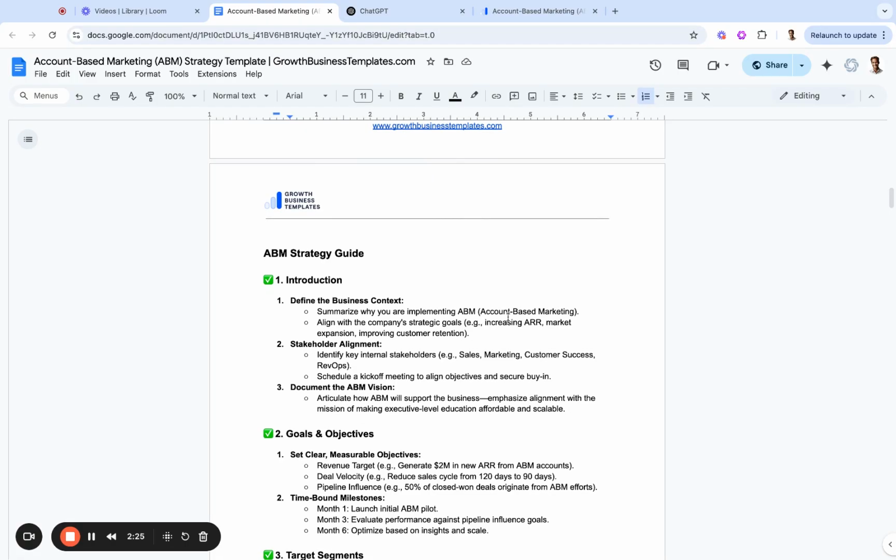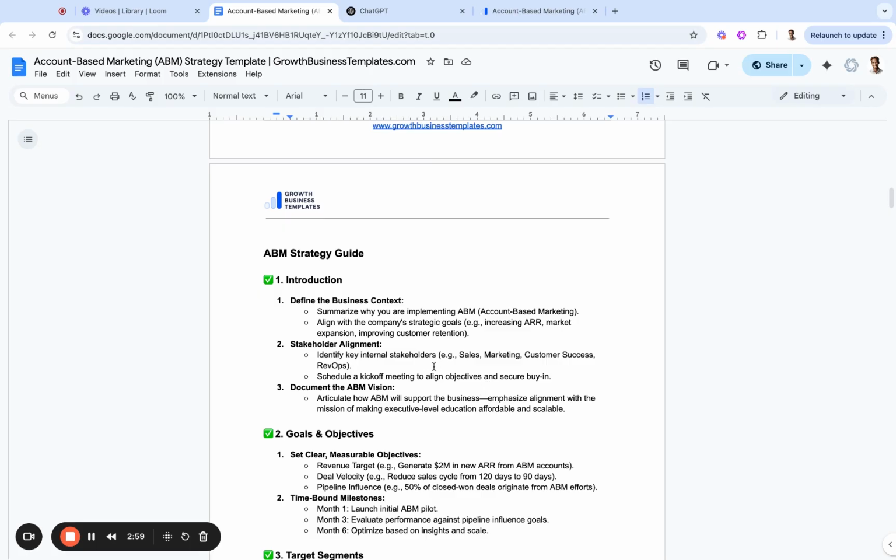So first, we just start out with an introduction, defining the business context of what we're doing here. And the intent there is to align stakeholders as well, identify key stakeholders that will be participating in this initiative to reach out to these targeted lists of accounts and the personas at those accounts, and run sales and marketing activities and campaigns against those accounts to generate demand and ultimately close won customers, which will lead to revenue.